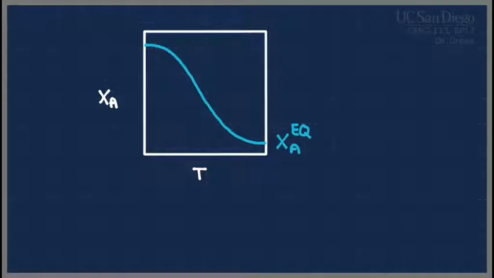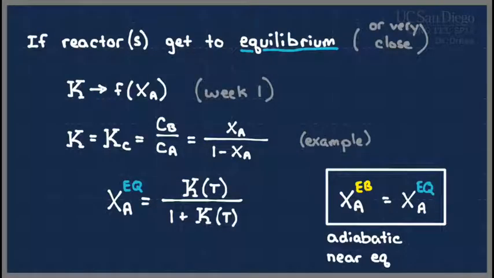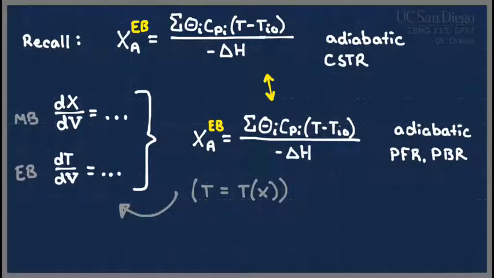The other one, the one based on the energy balance, has a particularly simple form. In fact, I think we had mentioned that previously, which is that this form is linear in T. So for example, if the reaction is exothermic, that delta H is going to be negative, and this is just going to be a straight line going up at some particular slope.